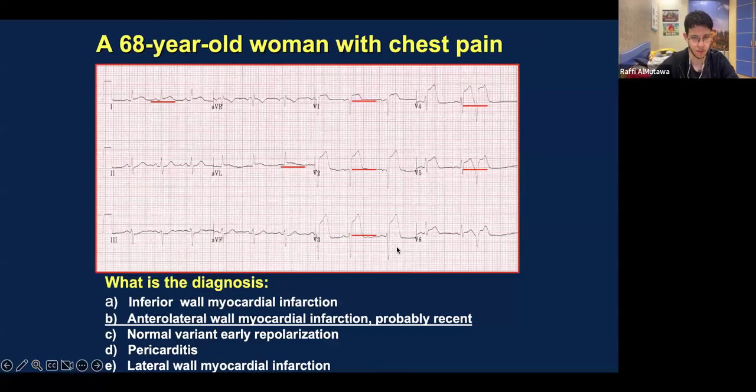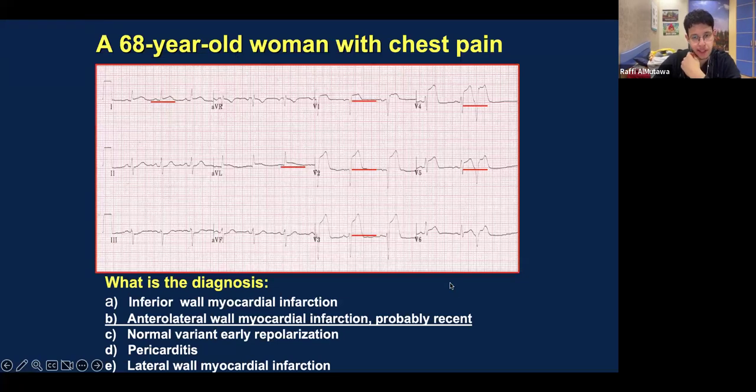Oh, okay. Yeah, just making sure. Okay, so we see these ST elevations over there. All right. So what artery do you guys think is involved here? LAD. Yeah, most likely LAD.